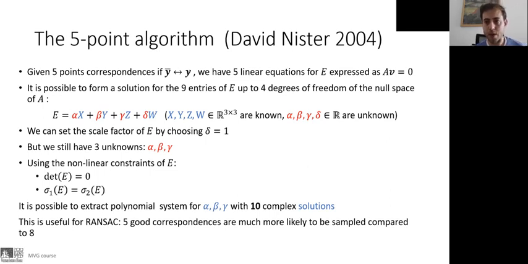So the chance to sample a good solution is much larger if you need to sample 5 good correspondences compared to the need to sample 8-point correspondences. So the ability to extract a model with only 5-point correspondences is very important. But we will discuss it more next week. So it's just a side note on why this is a very important algorithm.